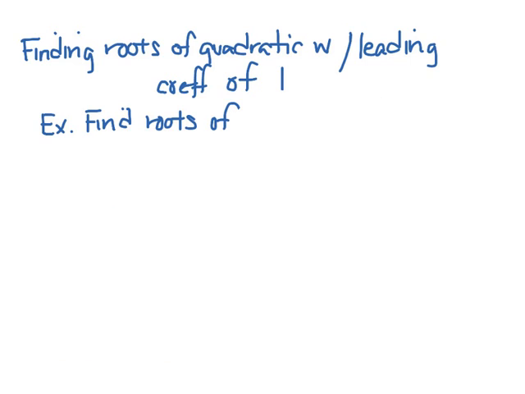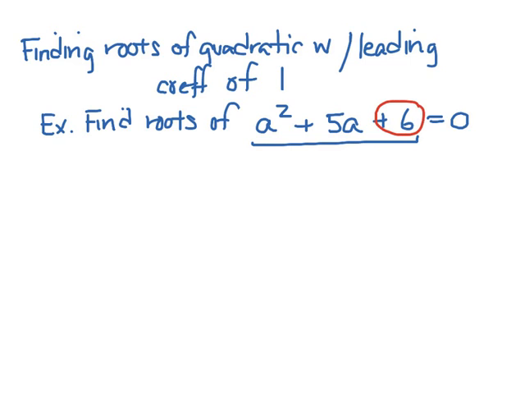Now, it's not always going to be the case. I might give you a problem that says find roots of, let's see, how about a squared plus 5a plus 6 equals 0. So again, I need to factor this quadratic, and I'm looking for factors of 6 that add up to positive 5.